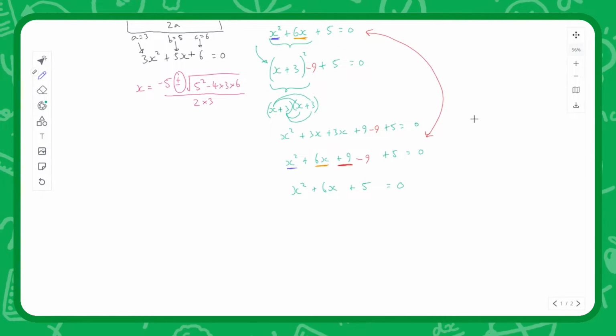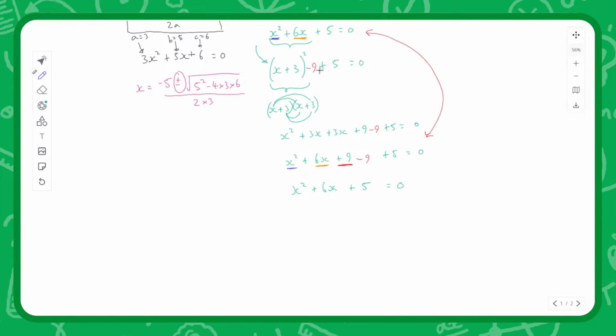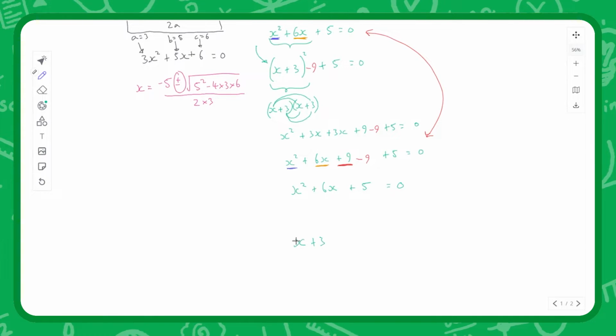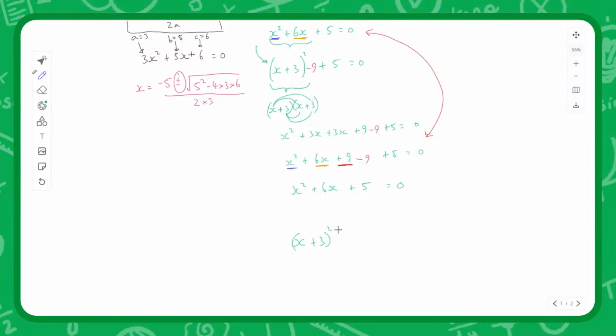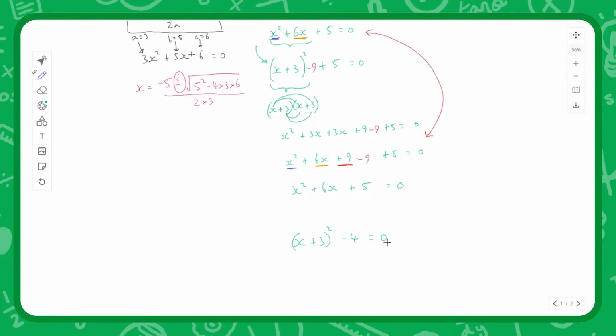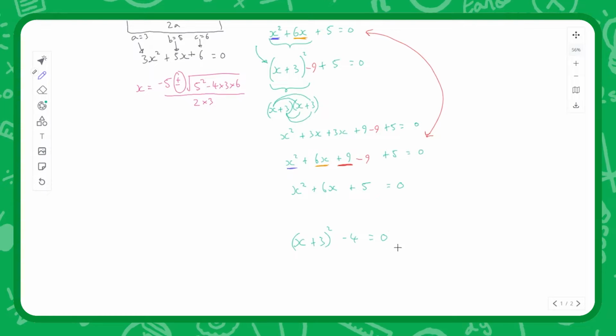And we could simplify this slightly, right? Because we know minus 9 plus 5 is minus 4, and so we would finalize this by saying x plus 3 squared minus 4 equals 0. And this would be our completed square version.